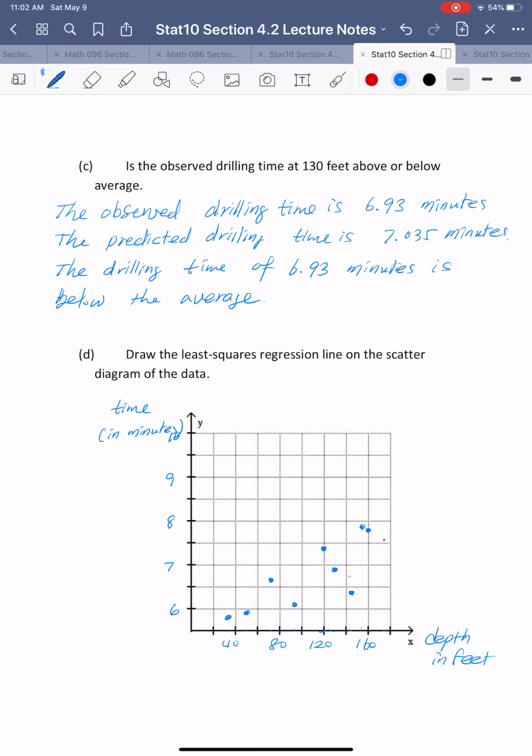And then 180 is right here, this is 6.89.